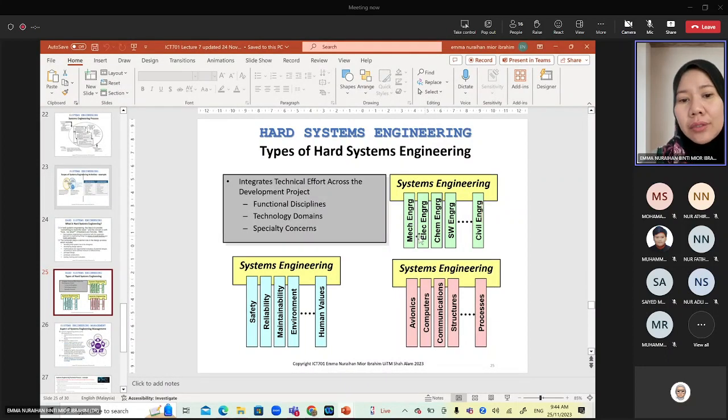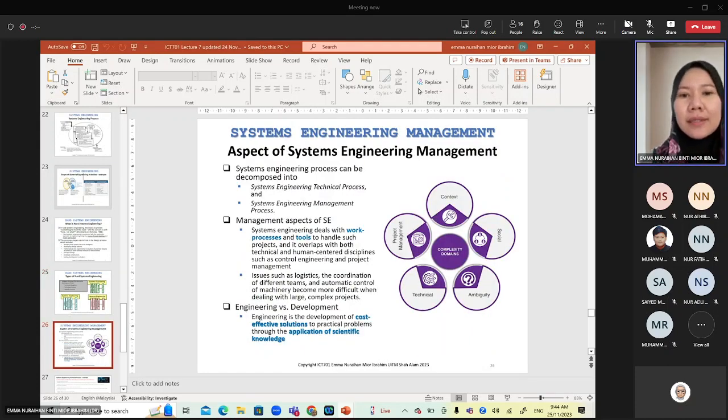So at the end of the day, apa-apa pun, okay, safety, reliability, maintainability, environment, kalau kita kat Tesla ni memang kena lah ni kan. Tapi at the end of the day, apa yang diberi kepada human values tu? The system engineering. So system engineering jangan fikir pasal just hard aja. Sometimes we have to think about the soft as well.